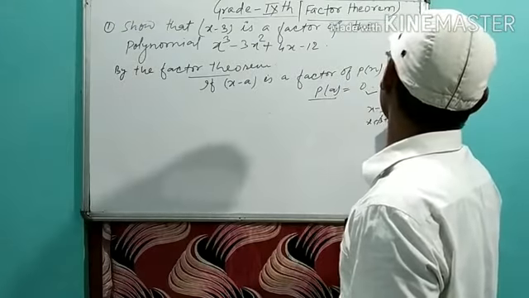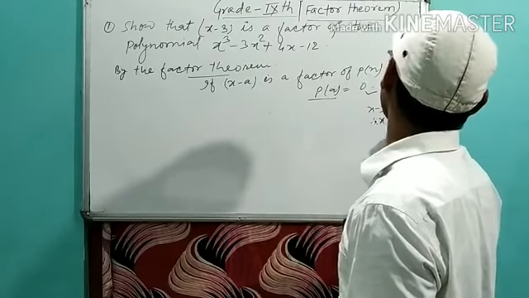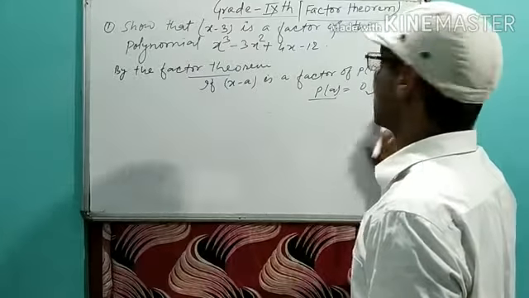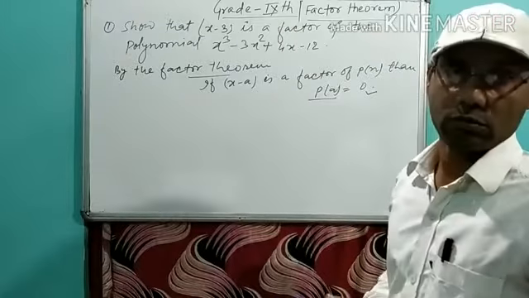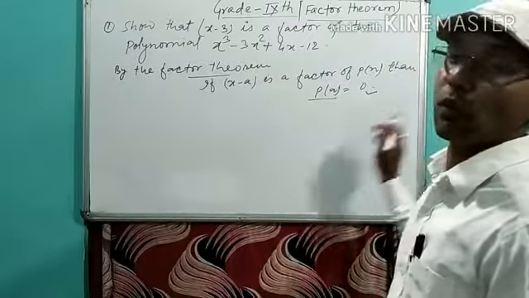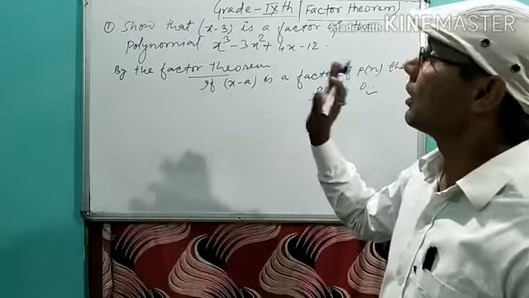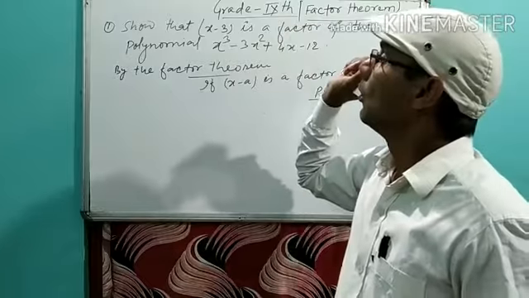You can say x minus 3 is equal to 0. Therefore, x is equal to plus 3. But we will not take x minus 3 equal to 0 as a rule. We have to understand what we have to insert here.